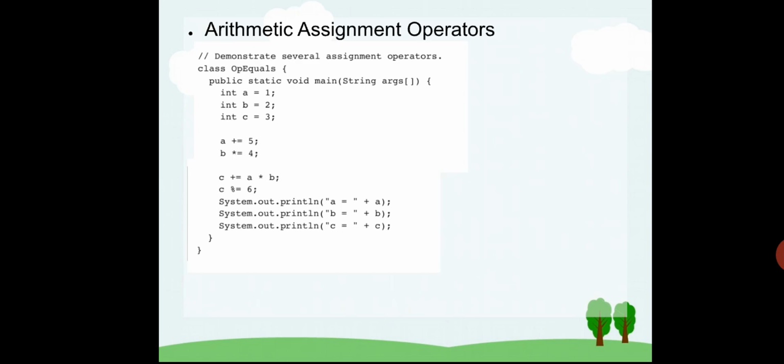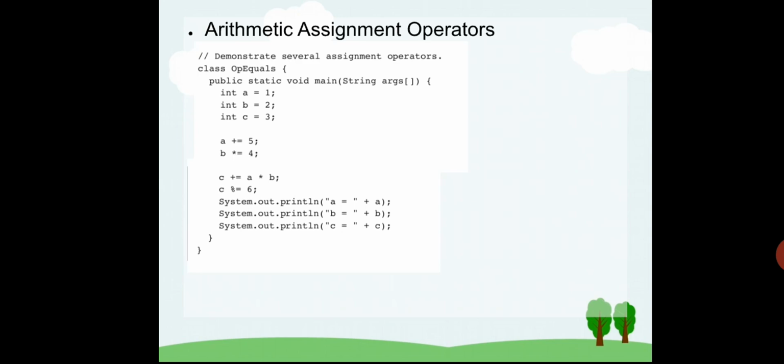Then in the next line, a += 5. What is the meaning? You are trying to add that particular value, isn't it? a += 5 is nothing but a = a + 5, so you are simplifying the actual instruction. In the same fashion, b *= 4 means b = b * 4. What is the value of b? 2 * 4. So after the calculation, a new value will sit in b.